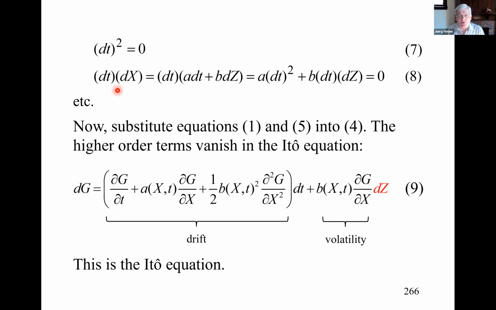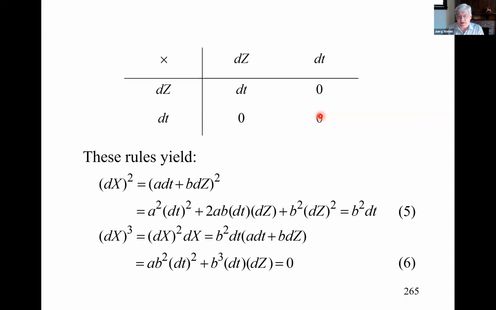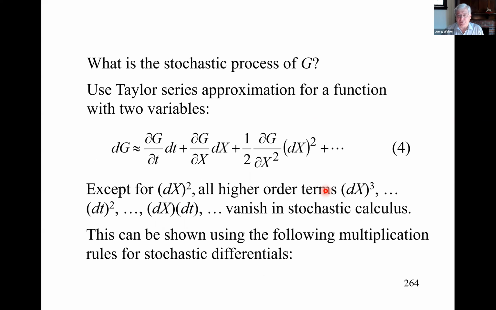So we can substitute this now into equation 4. The only thing that we have to substitute in is this for dx squared. We put this in here. So for the dx squared, you substitute in here. And for the dx, you take equation 1.